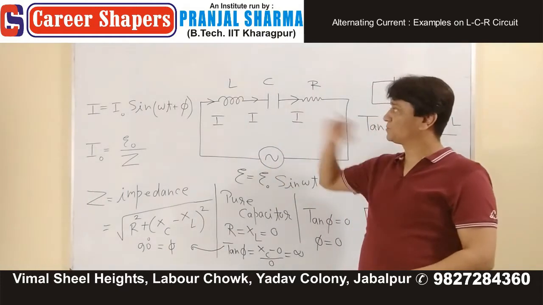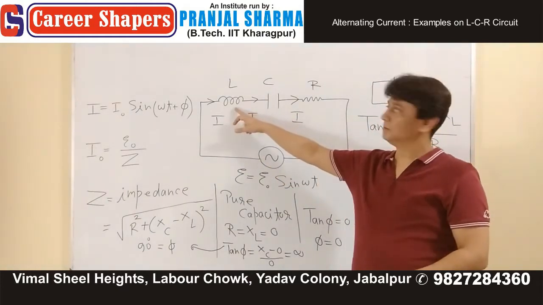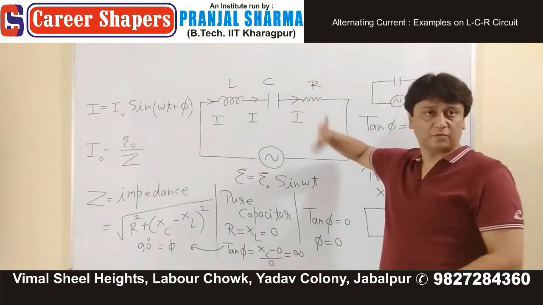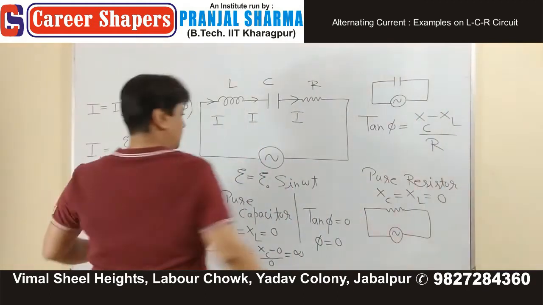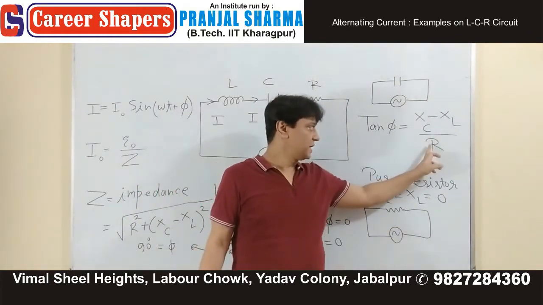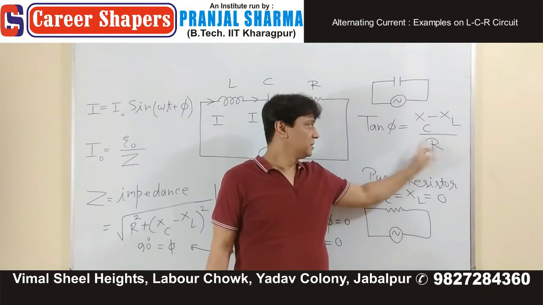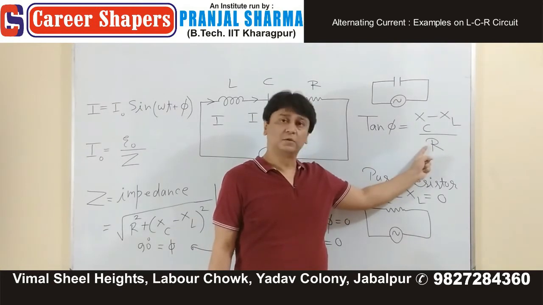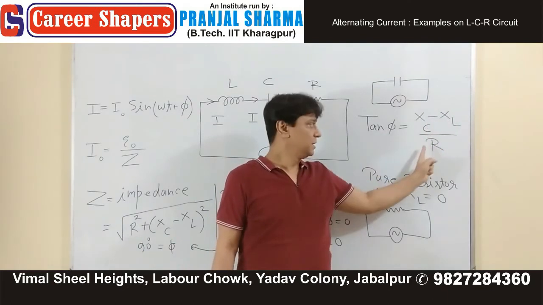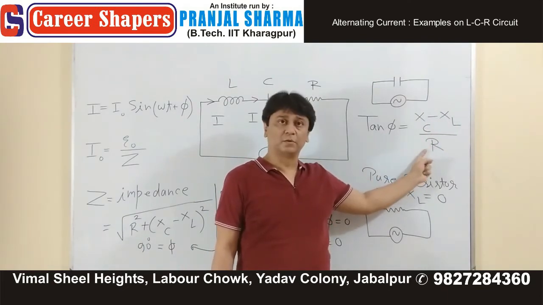And for the last part, you can understand that directly. If somebody has pure inductor, only L, that means C and R are not present. If C is not present, R is not present, this is 0, this is 0, tan phi is what? Minus of XL divided by 0.